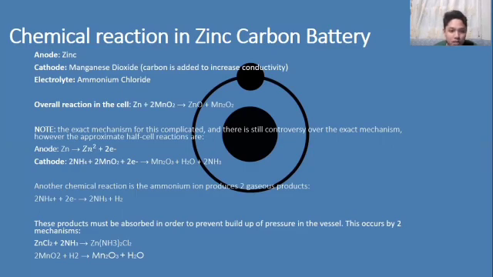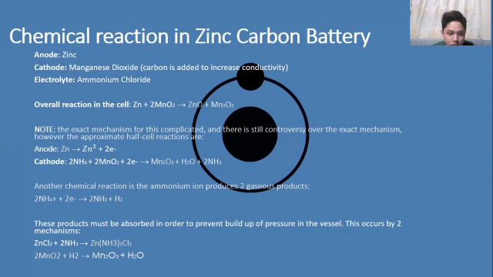Note the exact mechanism is complicated and there is still controversy over it. However, the approximate half-cell reactions are: anode, Zn is equal to Zn2+ plus 2e-. Cathode, 2NH4+ plus 2MnO2 plus 2e- is equal to Mn2O3 plus H2O plus 2NH3.